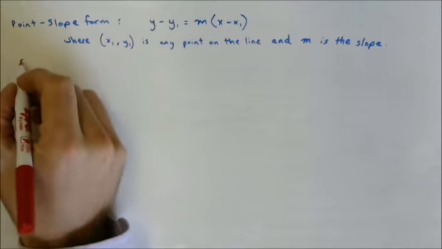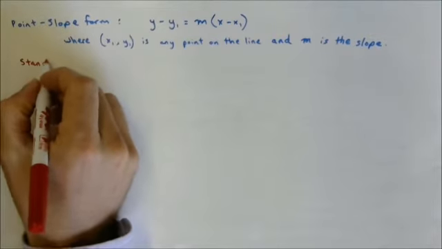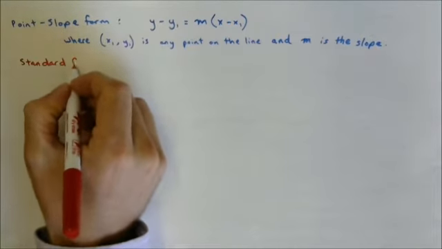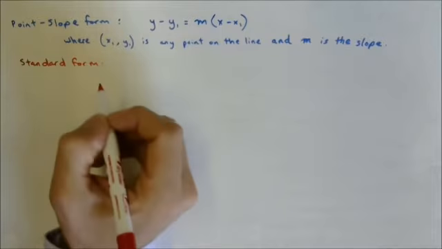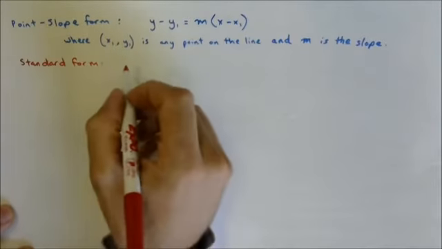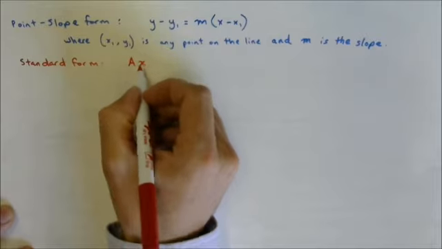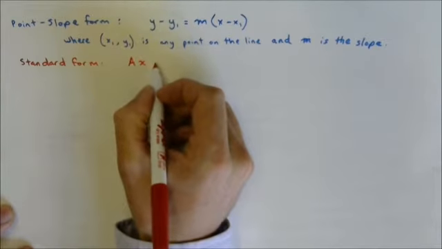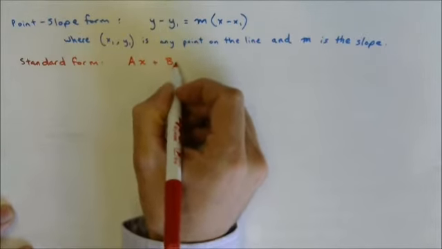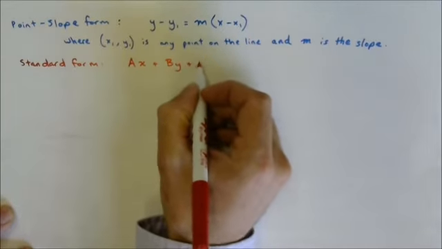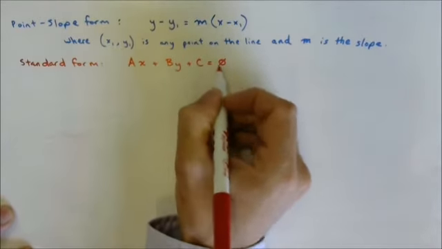The second form that we're going to talk about is standard form. The equation for standard form is capital A x plus capital B y plus C equals 0.